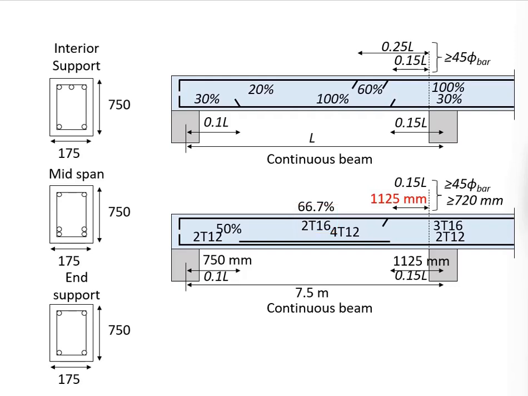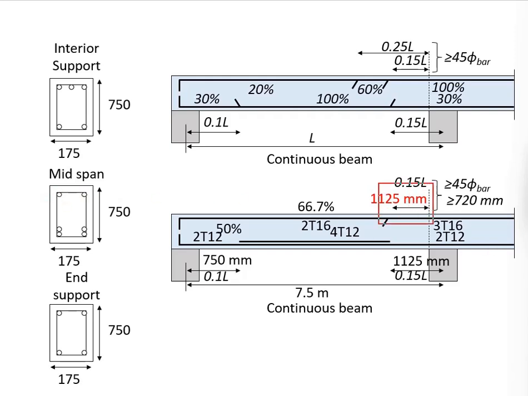Now the next question here is, which bar to be curtailed? Initially, the arrangement is 3 units here. You will cut the one at the middle, leaving 2 bars at the corners.